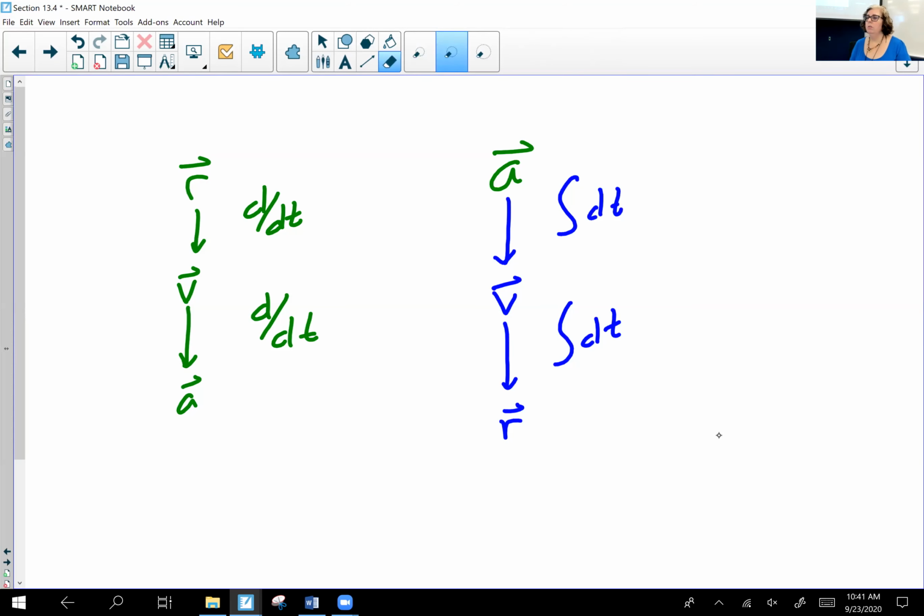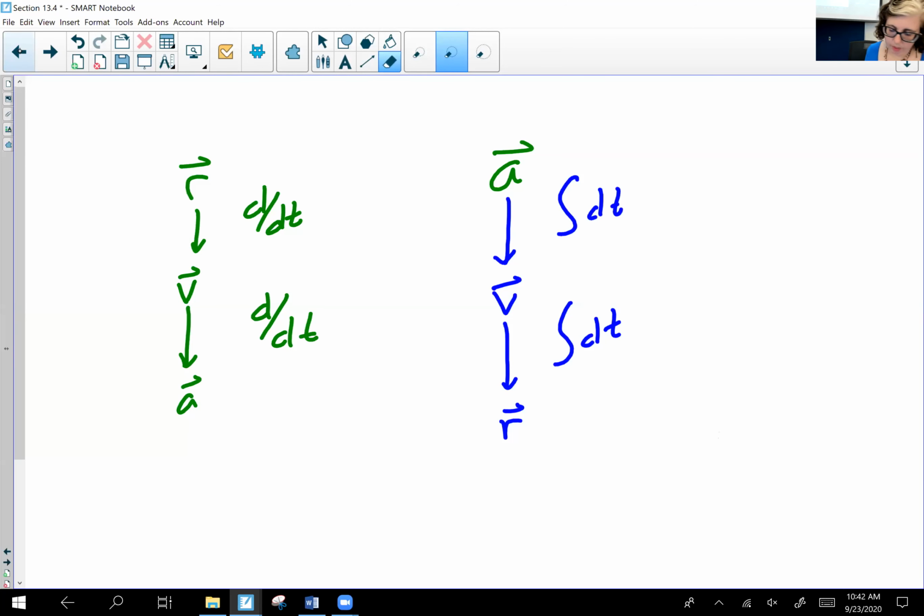On the first problem we did, we took derivatives. The second problem we do, we're going to need to take integrals. Now, are we clear on that? Are we clear? Okay.